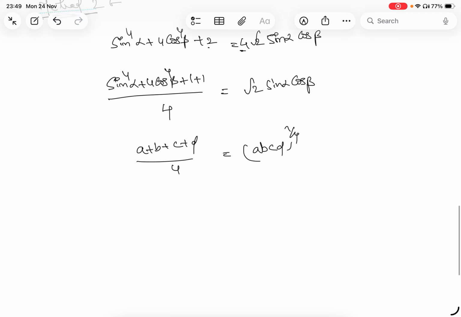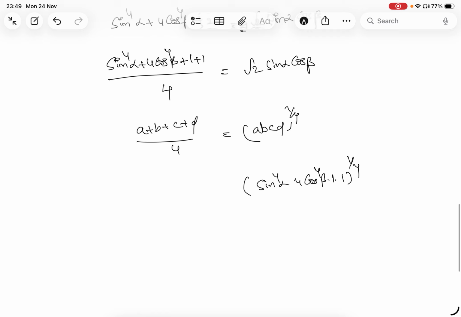If you want to check, abcd is sine power 4 alpha into 4 cos power 4 beta into 1 into 1, whole power 1 by 4. Then this is sine power 4 alpha cos power 4 beta, the 4 and the power 1 by 4 will get cancelled. Then this is sine alpha cos beta.